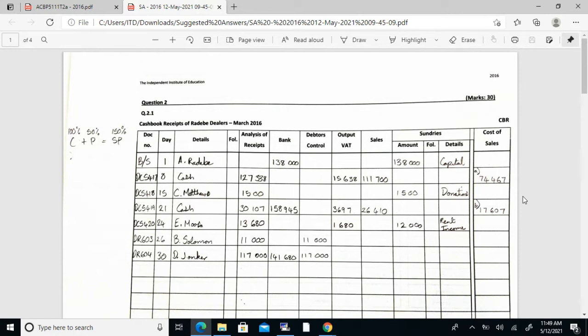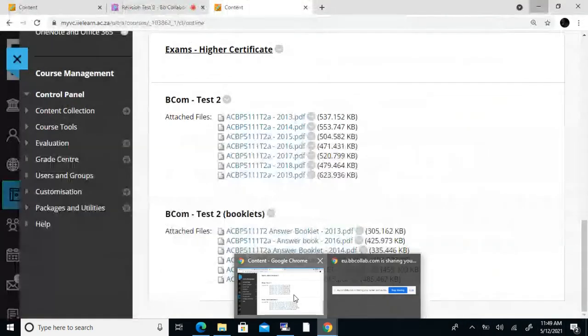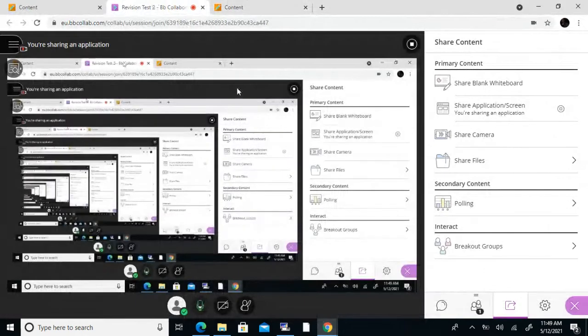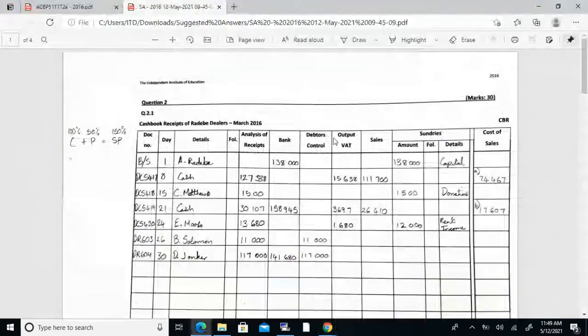Then they're also just highlighting to us that question forward. Just want to double check. Alright, cool, no problem.